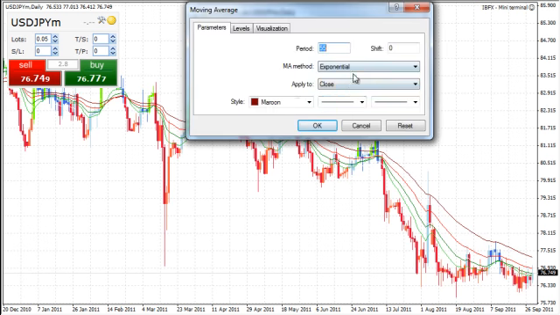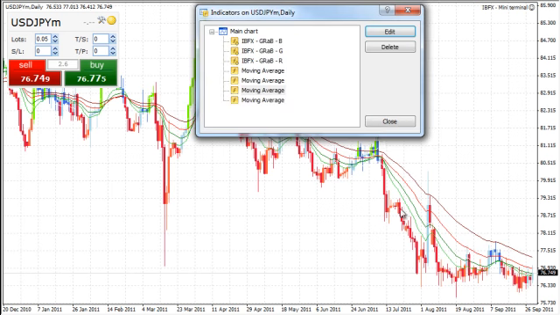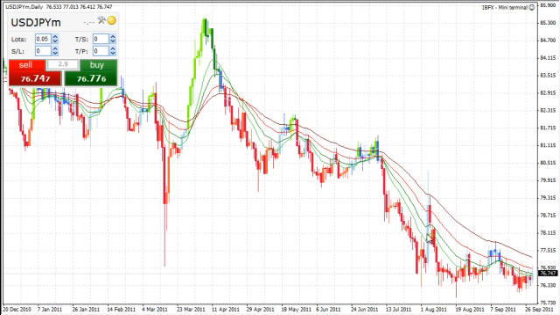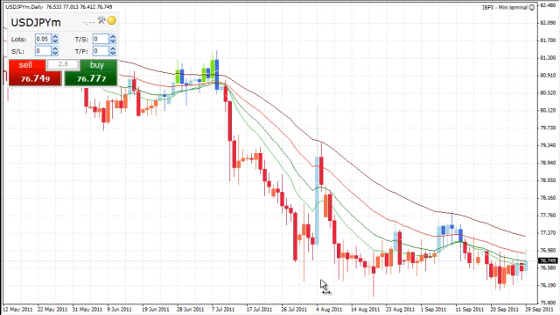All exponential, all on the close. And you notice it's put 4 moving averages on my chart. Now, imagine if I had the wave here as well. Be awful messy, right? So this keeps it very clear.